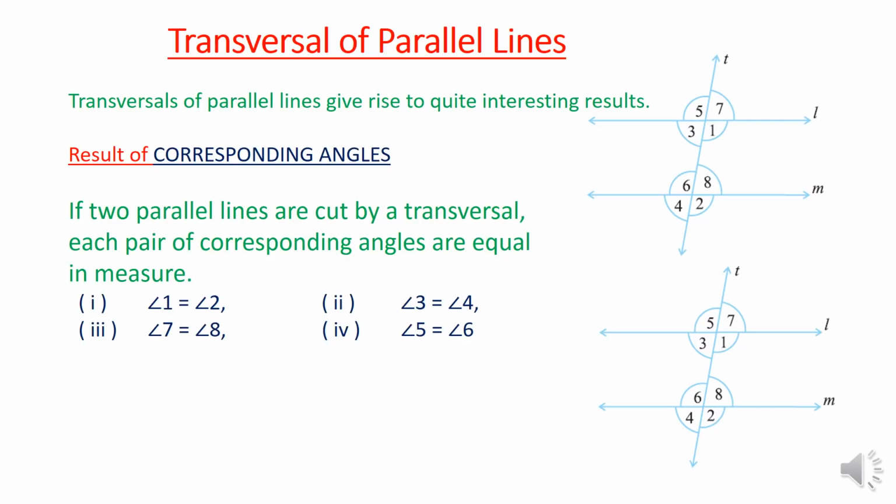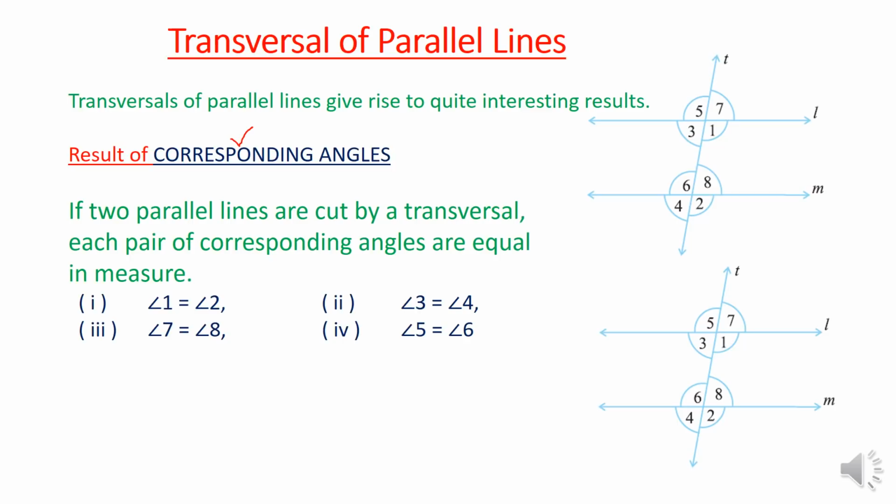Now, a transversal of parallel lines gives rise to quite interesting results. The first result is related to corresponding angles. If two parallel lines are cut by a transversal, each pair of corresponding angles is equal in measure.